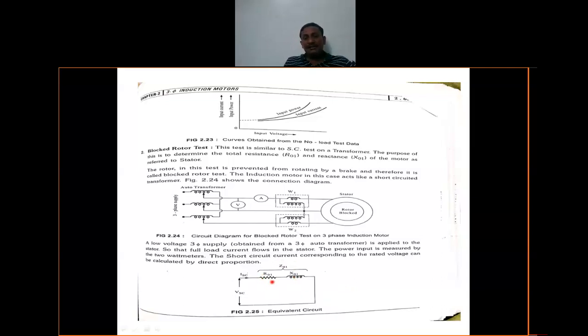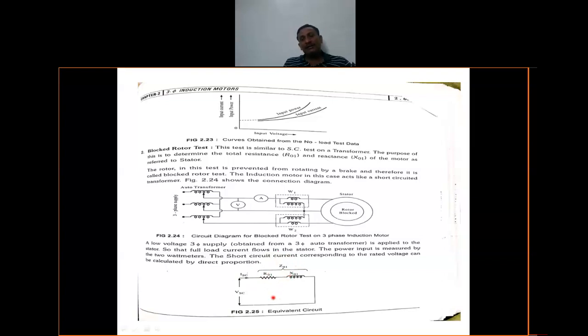Here we can get R01, X01. All parameters are referred to stator. Here this is the short circuit current and this is the short circuit applied voltage, VSC, ISC. We can find these parameters R01, X01 from the block rotor test.